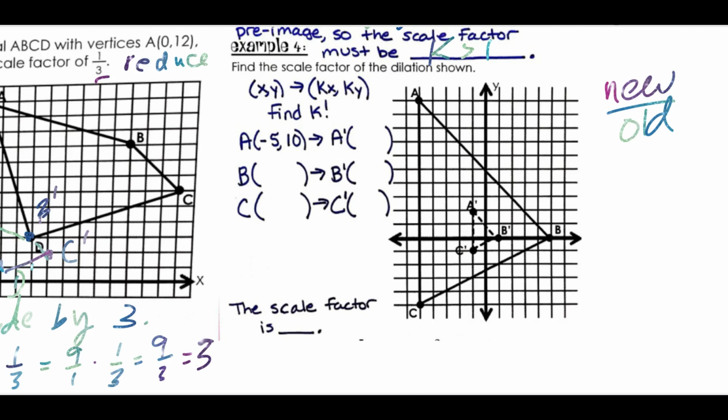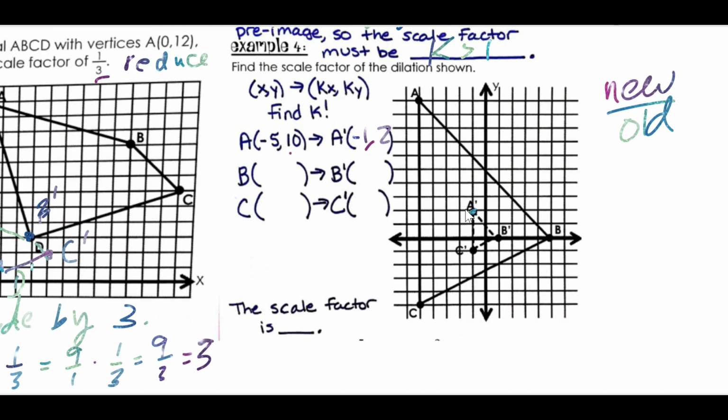All right, so in order for me to do that, I need to find out what A prime is, because A prime is right here. It's this ordered pair right here. So that's -1, 2. Well, let's ask ourselves, the numbers are clearly getting smaller, right?